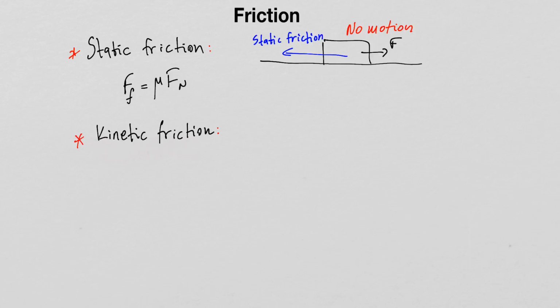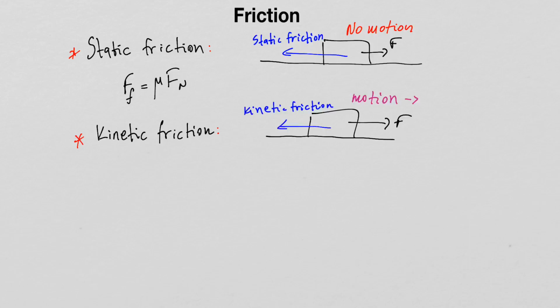And kinetic friction is a smaller force than static friction, which means that it takes more force to make an object move and overcome static friction than it takes to keep the object in motion once it is moving. So a force F is applied to the right, the crate starts to move to the right. As a result, there is a force of friction between the crate and the floor, and that is now the kinetic friction force. This force is smaller than the static friction force between the crate and the floor.